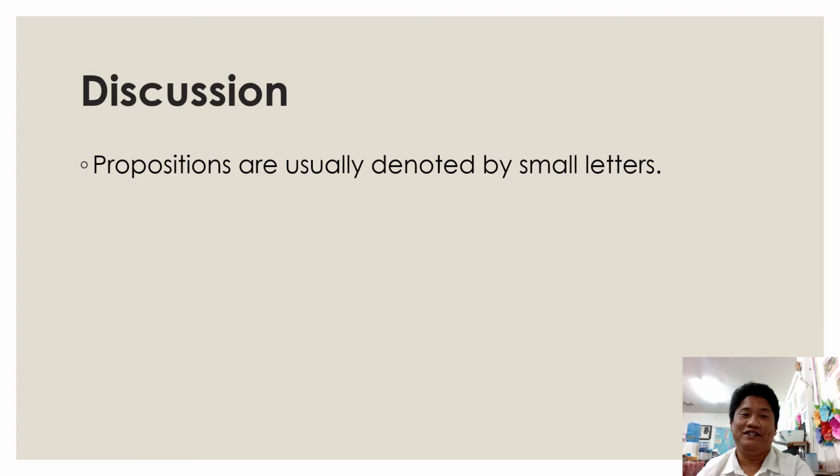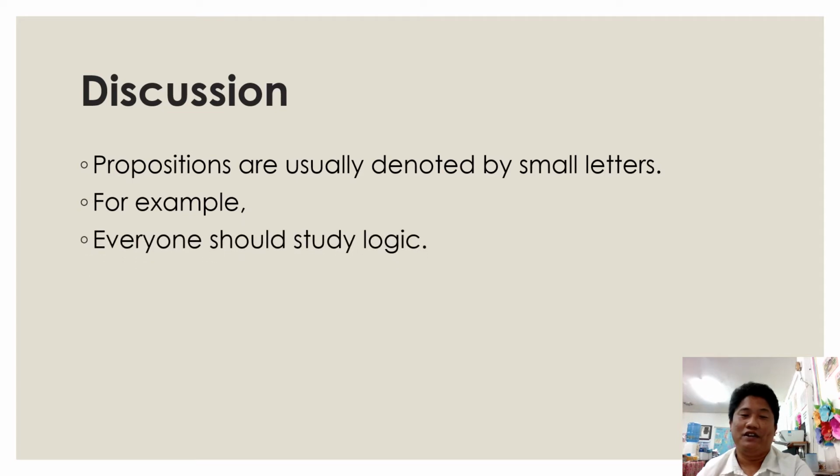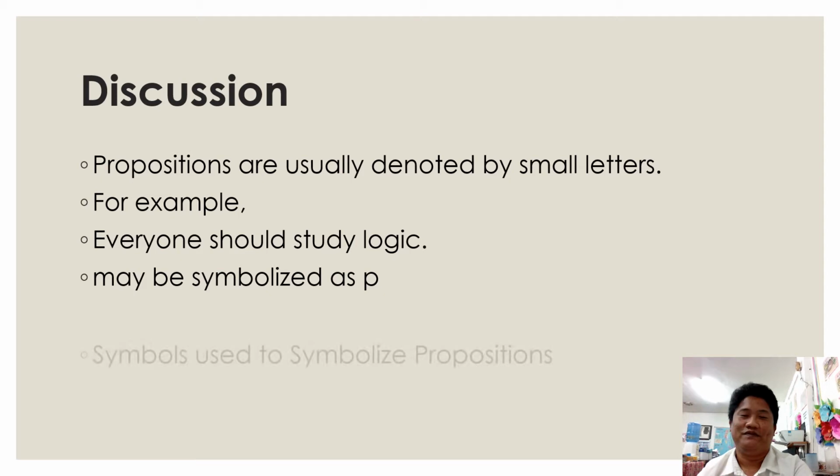Propositions are usually denoted by small letters. For example, everyone should study logic. So this could be denoted or symbolized as letter P or small p, or it could be any other letter as long as it is in small letters.